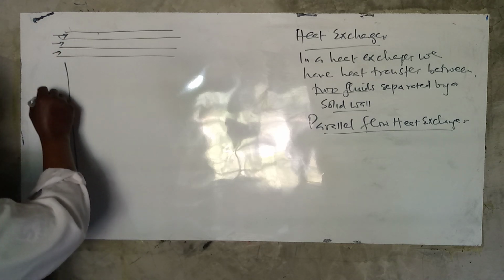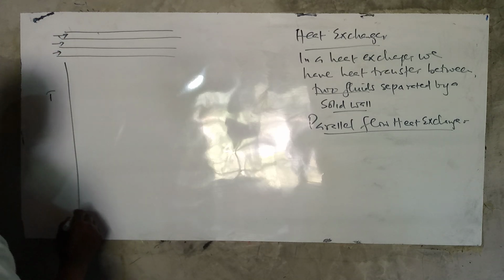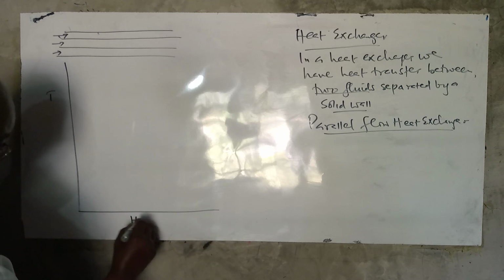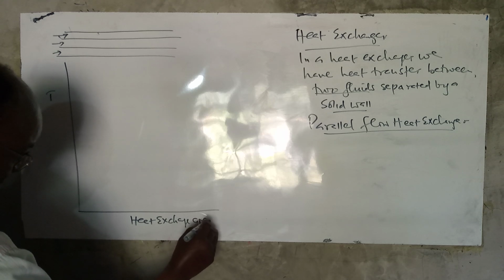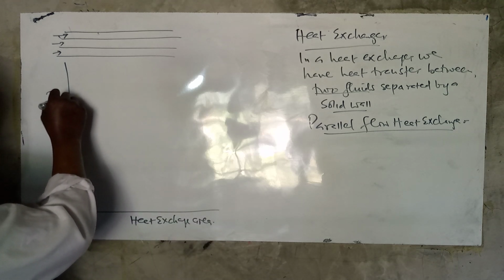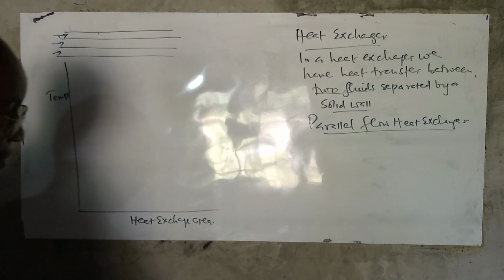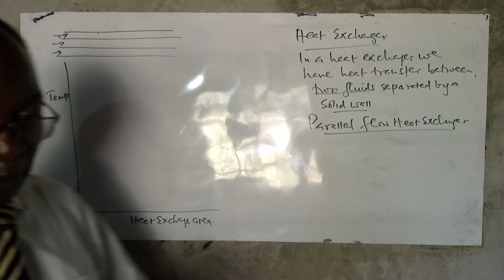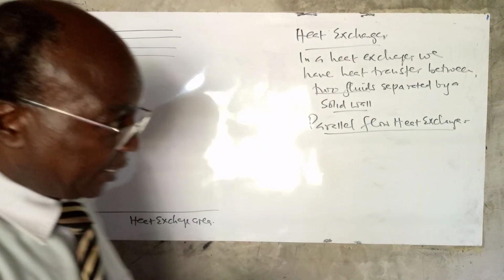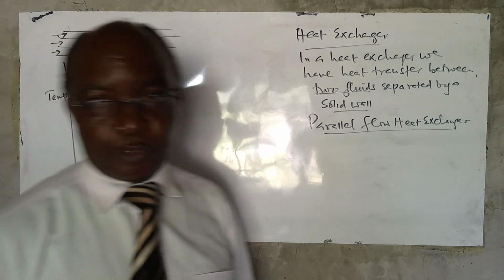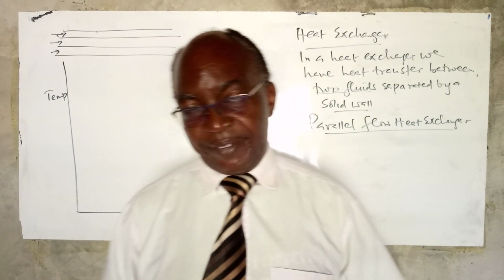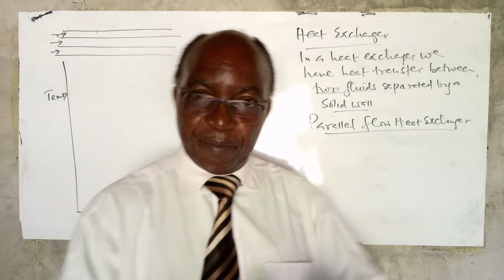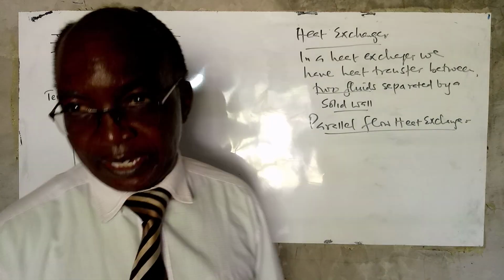So if you plot the actual temperature against the heat exchange area, this is the exchange area, this is the actual temperature. Then, what are we having? Those two fluids, remember, one is at a higher temperature, another is at a lower temperature. Why are we saying so? Remember that heat transfer occurs as a result of a temperature differential. So if the temperatures are the same, there's thermal equilibrium, there will be no heat transfer.